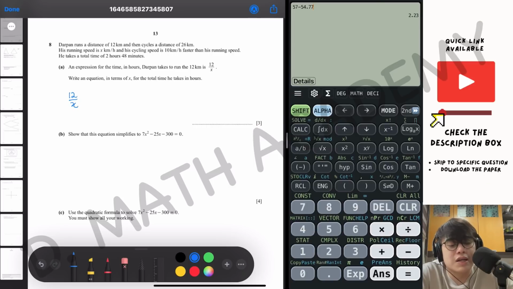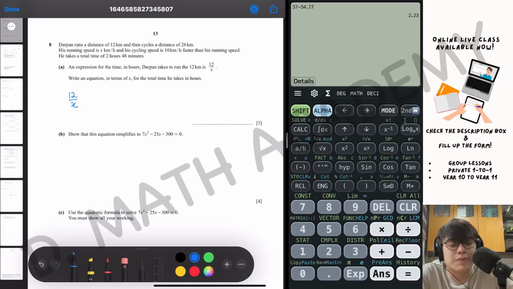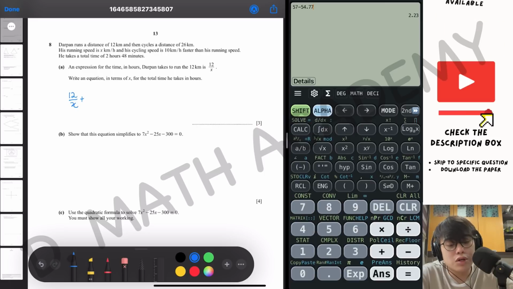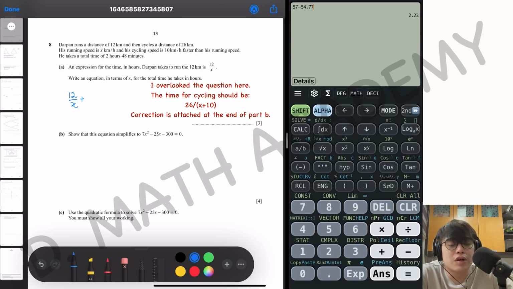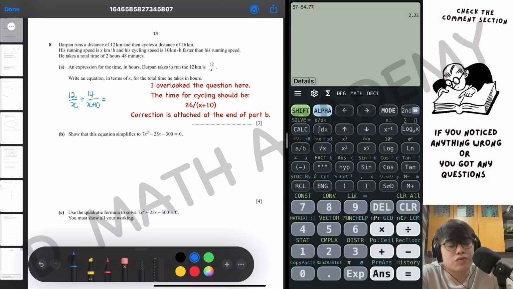Okay, and then cycling was 10 kilometers faster than his running speed. They mentioned that it was 26 kilometers. So you have run 12 kilometers, which means you only have a balance of 14 here. So 14 over x plus 10, and it becomes 2 hours and 48 minutes.